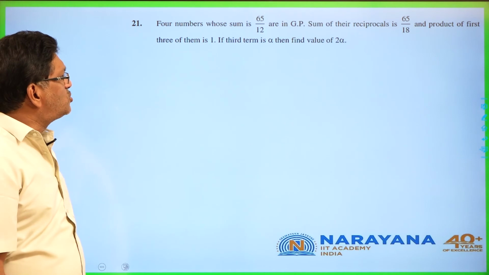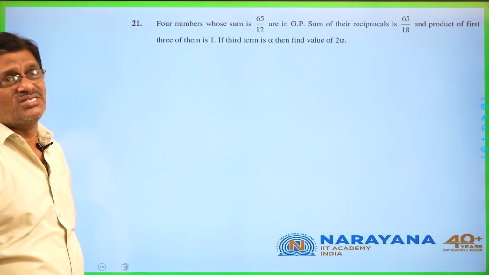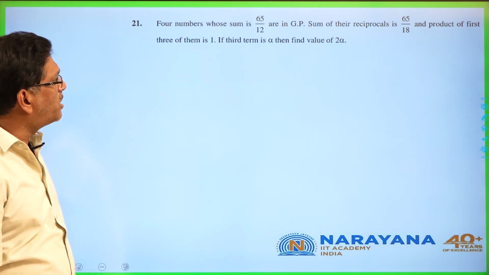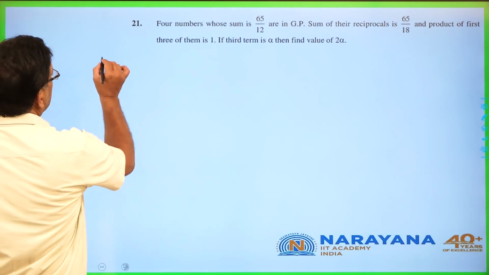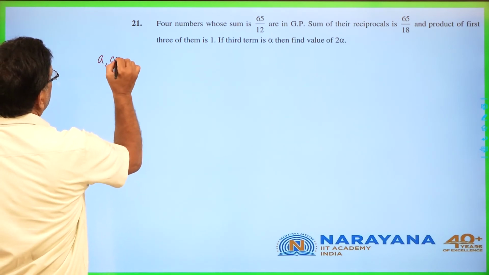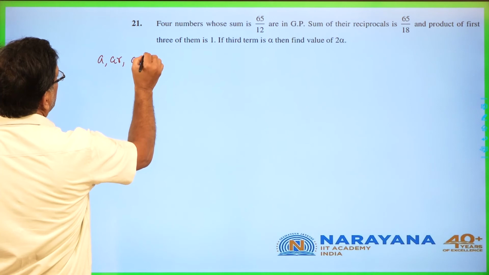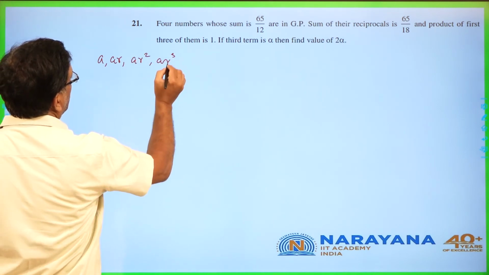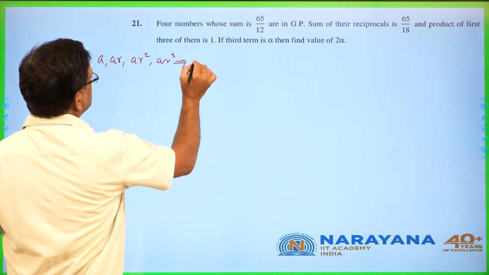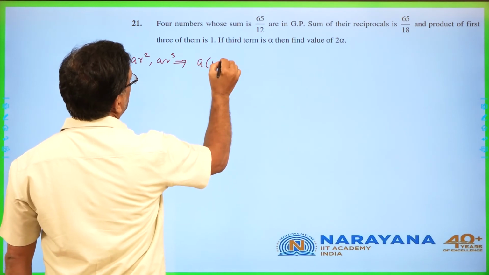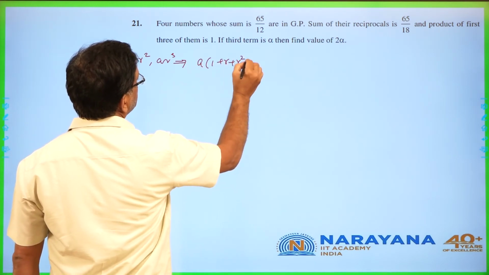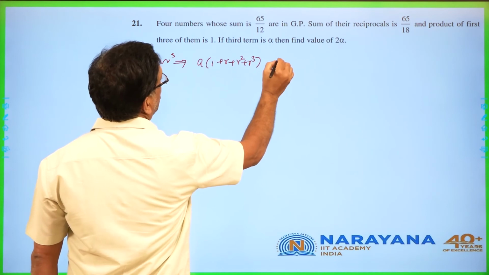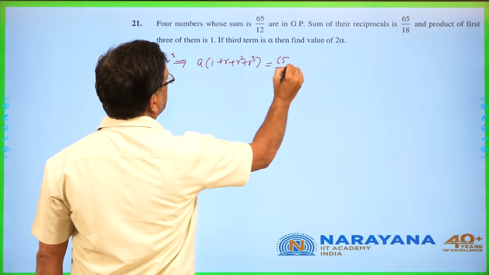Four numbers whose sum is 65 by 12 are in GP. You know that whenever a GP is given, the terms are a, ar, ar square, ar cube, such that their sum a into (1 plus r plus r square plus r cube) is 65 by 12.